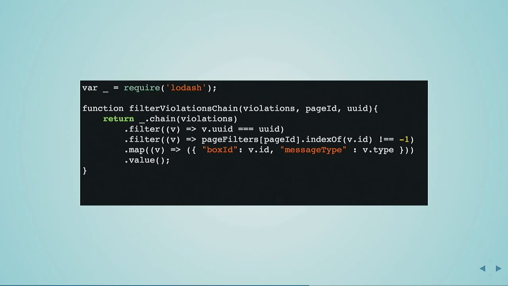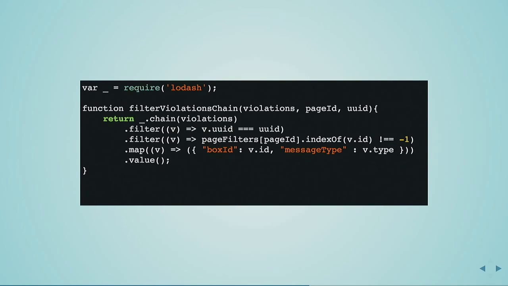So filter is something that you can chain onto a chain, right? And filter is a higher order function, so it takes a function and spits out a filtered result. So it takes the violations, and then you pass it in a function, right? So v is each violation instance, and you're just checking if the UUID matches.